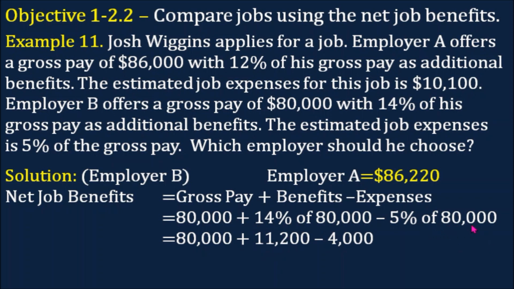Then 80,000 times 0.05 or 5%, that's 4,000. Now 80,000 plus 11,200 minus 4,000 equals $87,200. Now comparing the two net job benefits, Mr. Josh Wiggins should choose employer B.